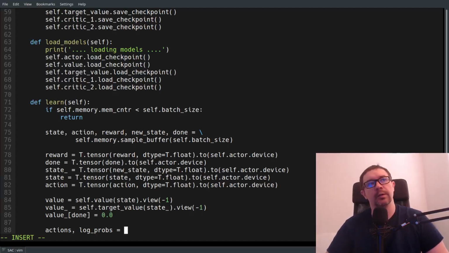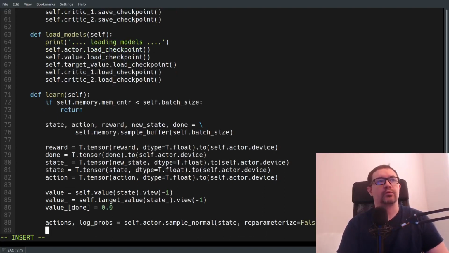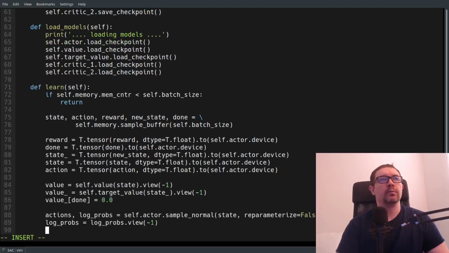We'll use those later, but in the calculation of the loss for our value network, as well as the critic network, we want, the value network and the actor network, we want the values of the actions according to the new policy. And we don't want to use the reparameterization trick here, but we do want to use the view.